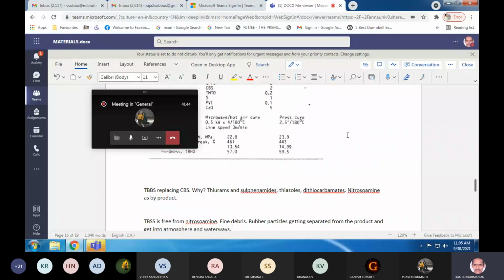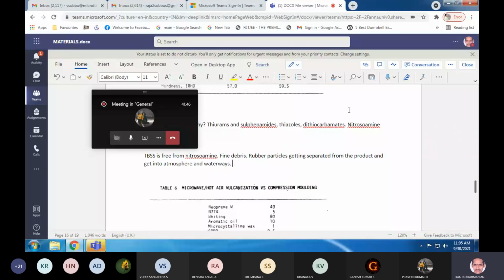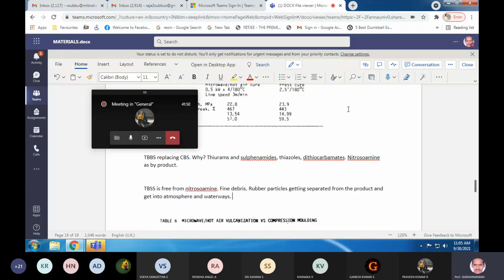Like any other thermoplastic, even after the rubber product has lost its rubberiness, there is some more material remaining, right? And we use it. All that you will study in the recycling.